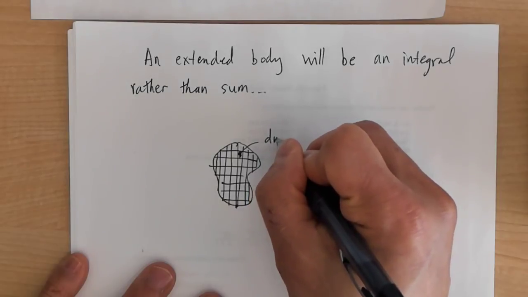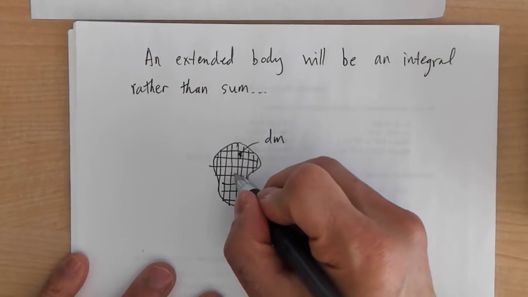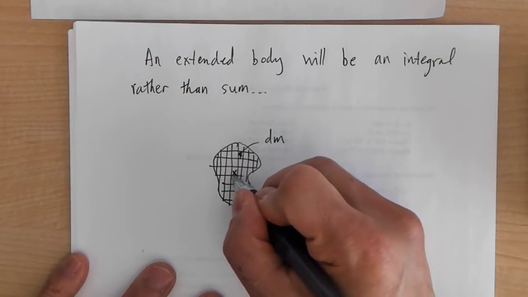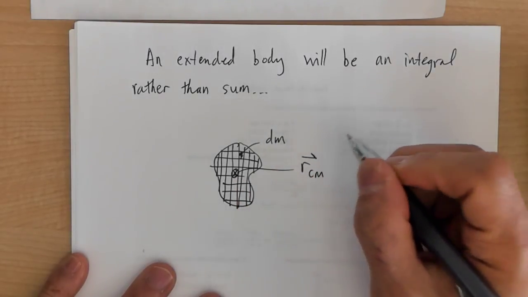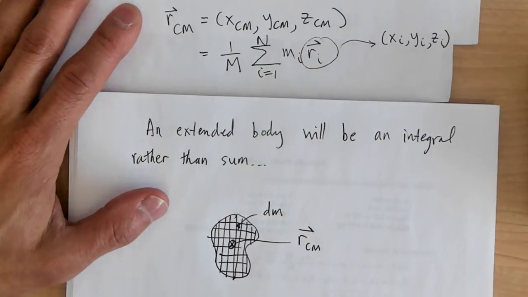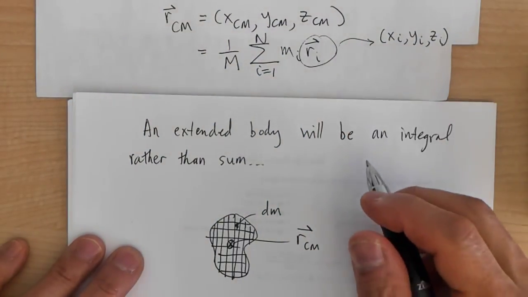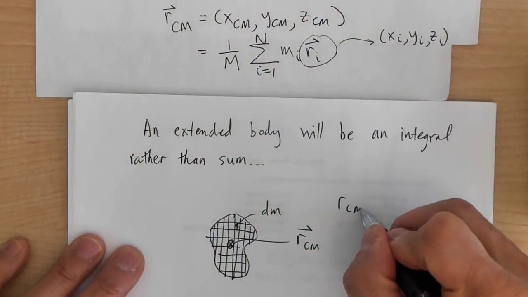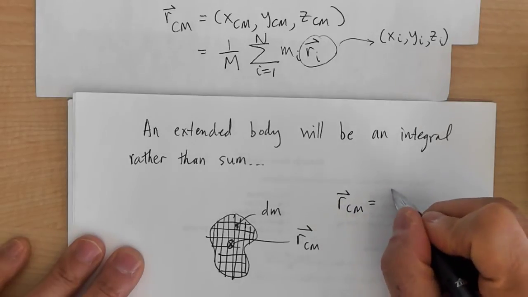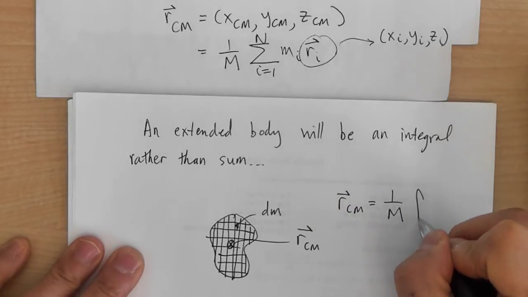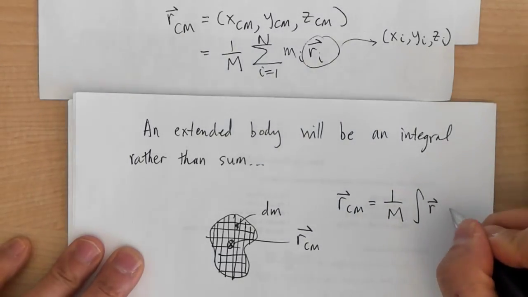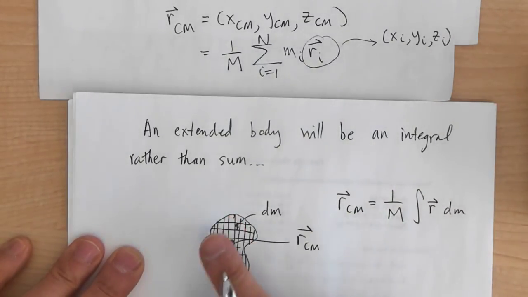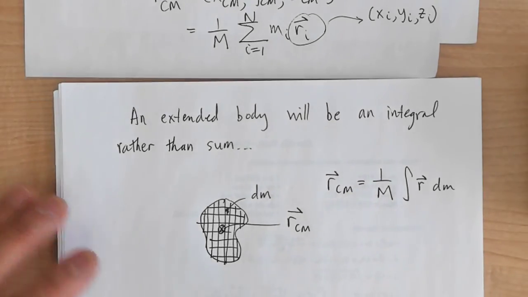Then we can figure out where the center of mass is, maybe somewhere like this, r_cm. Instead of a formula with a summation, we would have an integral formula: 1 over m, the integral of r dm, where we integrate over all the pieces.